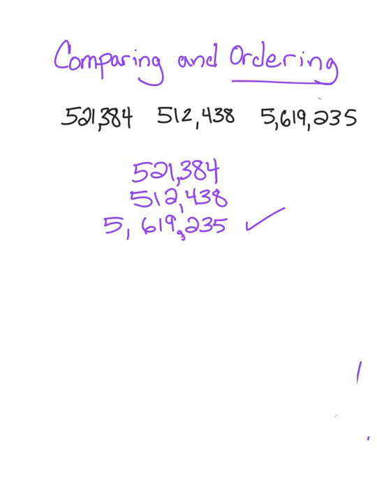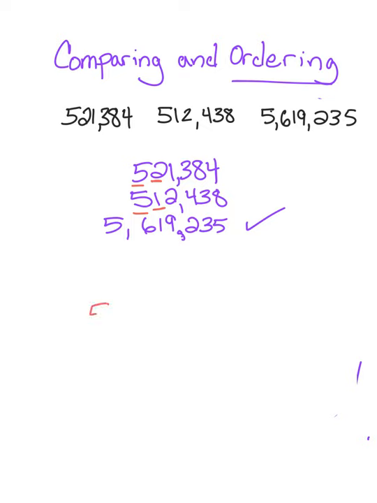Now, if I want to do these numbers from the least to the greatest, obviously, this one right here is going to be the largest number. I know that already. So if I'm going least to greatest, I'm going to compare the two numbers up above. We will notice they both have a 5 in the hundred thousands. We then go to the 10,000s, and this has two 10,000s. This has one 10,000. So I'm going least to greatest. I know that 1 is smaller than 2.